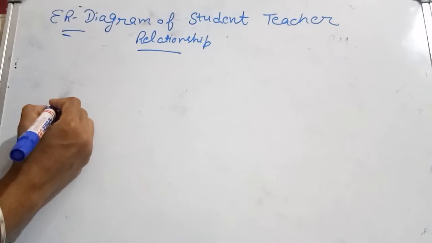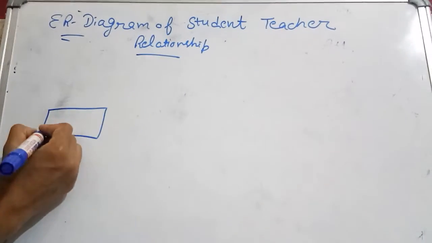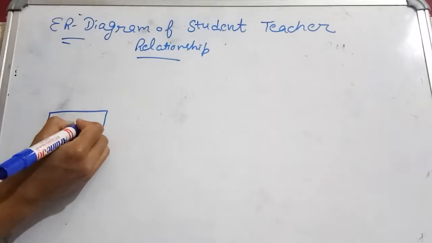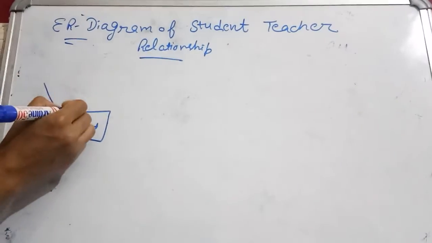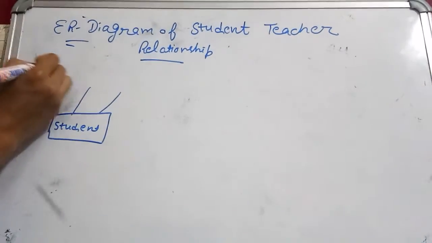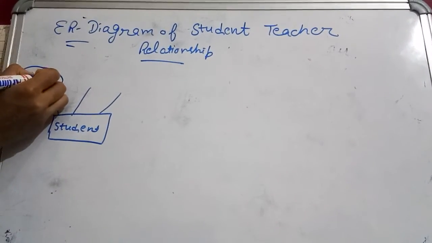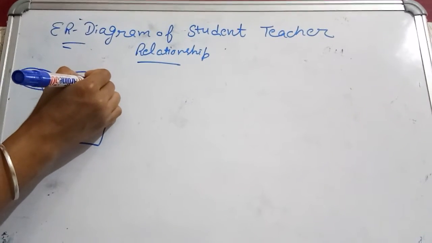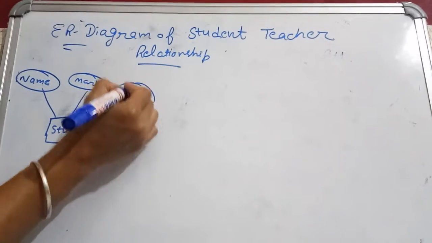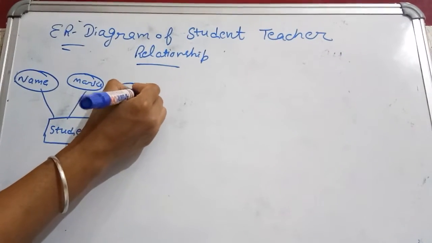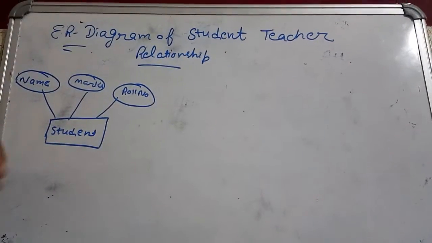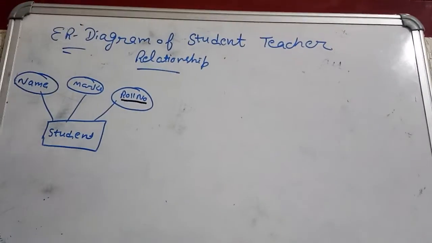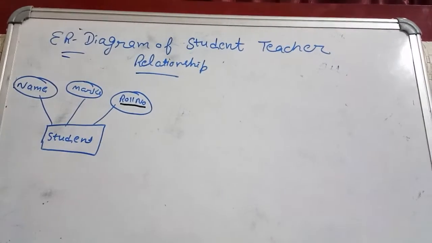The first entity is student. This is the entity. What are the attributes of student? Student name, student marks, and student roll number. Roll number is a key attribute of the student entity, so it is represented by a line.